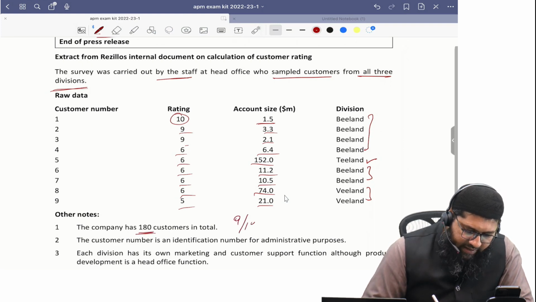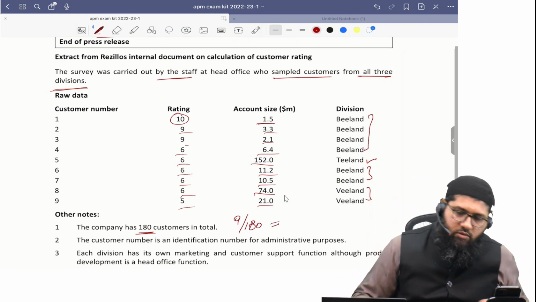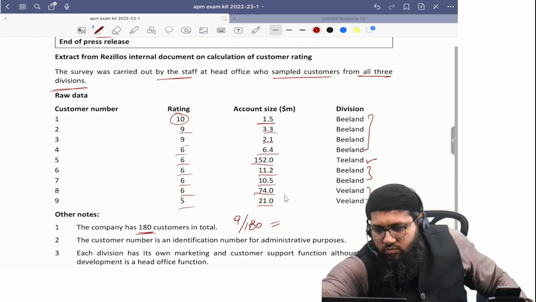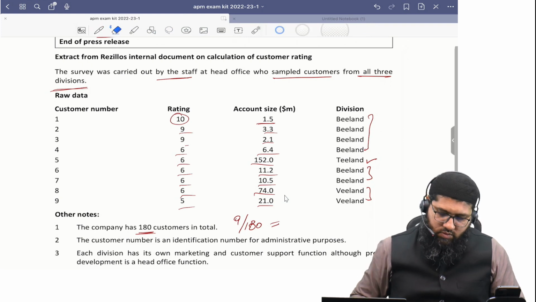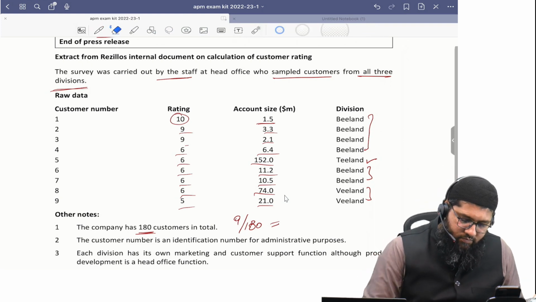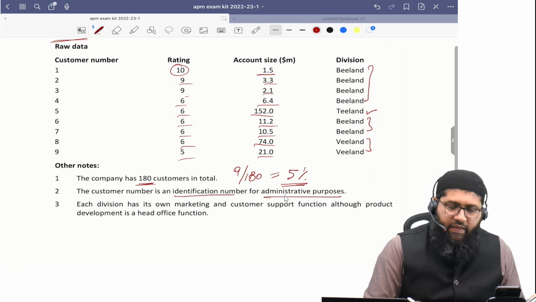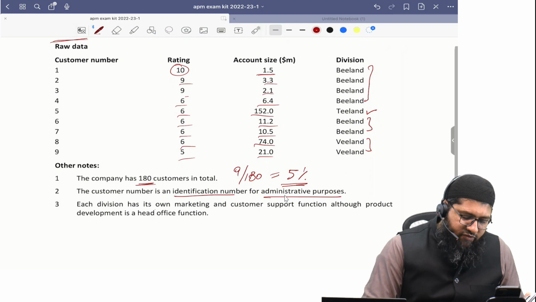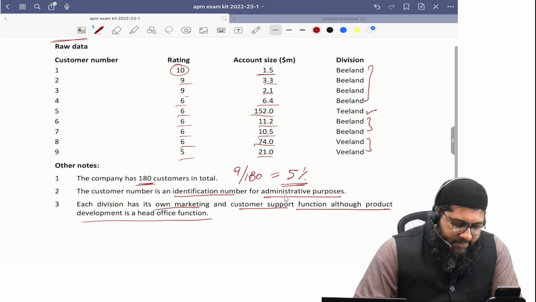You're talking about 9 customers out of 180. That is what, 5%? That is 5%, right? The customer number is an identification number for administrative purposes. Okay, that's okay. Each division has its own marketing and customer support function, although product development is a head office function.